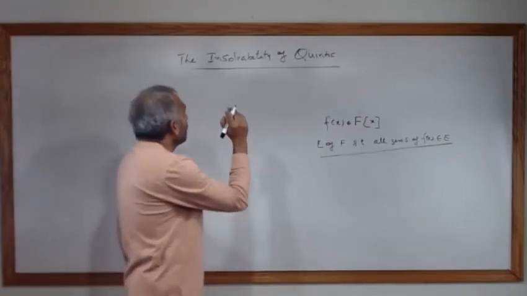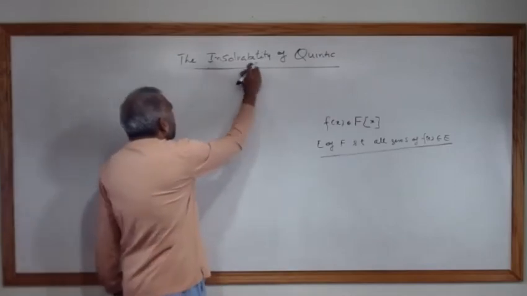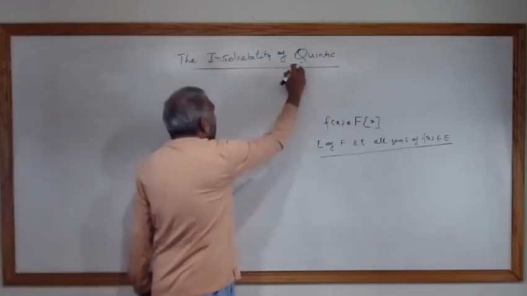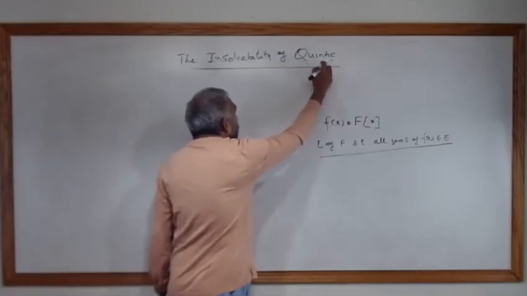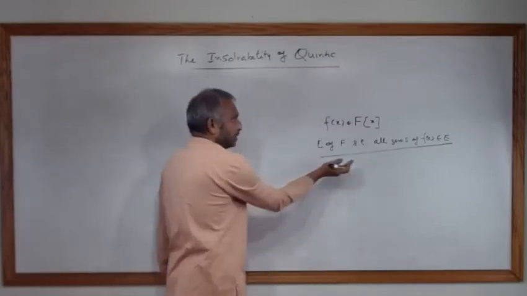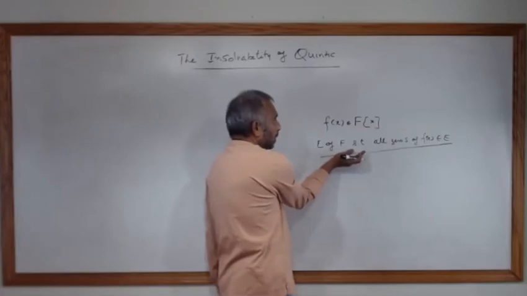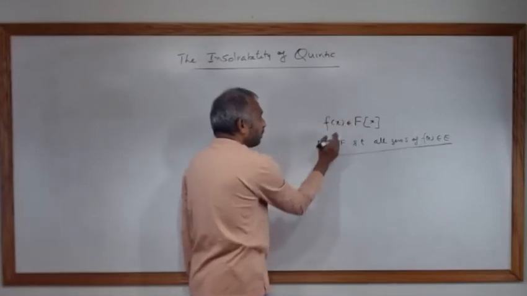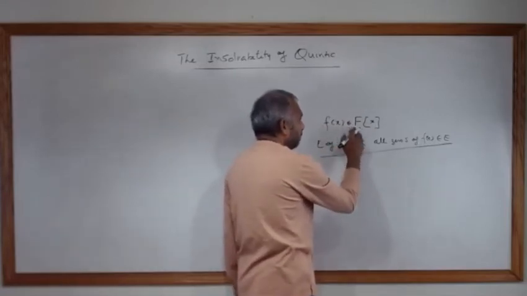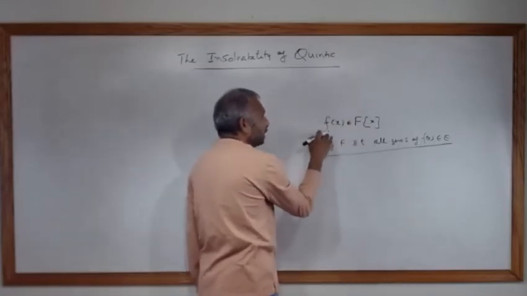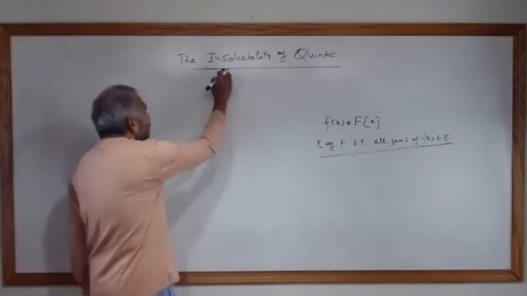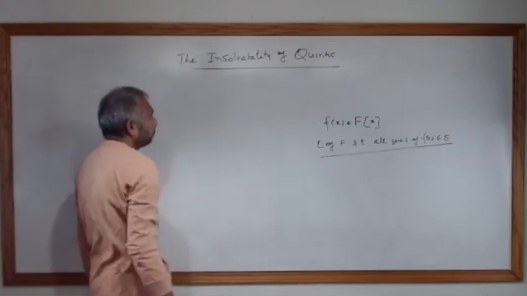Well, insolvability does not mean that it cannot be solvable in this sense, because we already know that if you take any polynomial of any degree, we can find an extension of F that contains all the zeros of f. So this has a different meaning here.